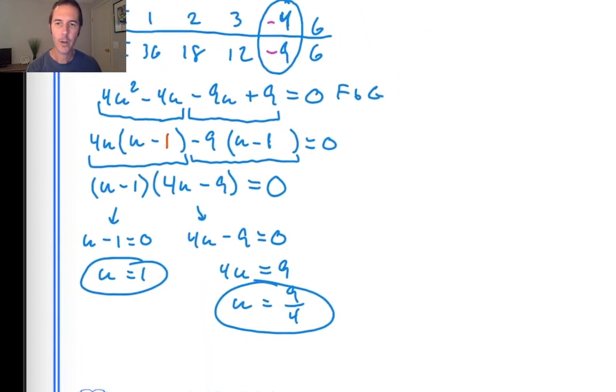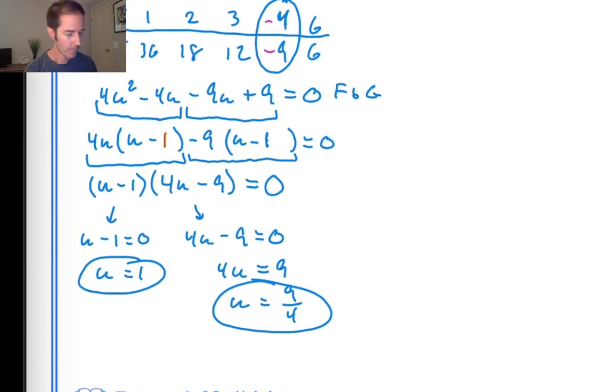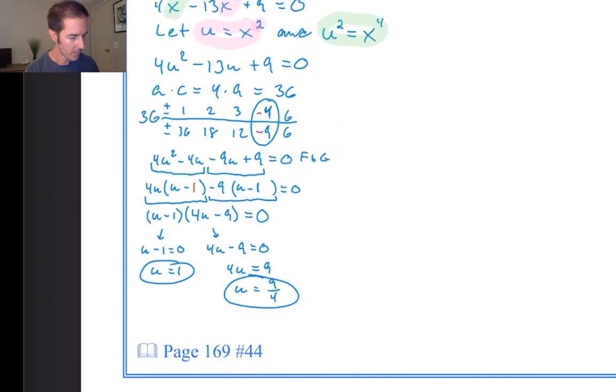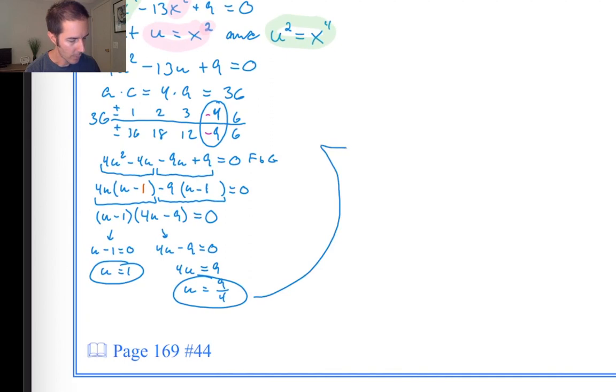So now I've got to get rid of these u's. So I'm going to move over here where I've got a little more room to work. And I'm going to back substitute. I'm going to replace the letter u with what u equals.